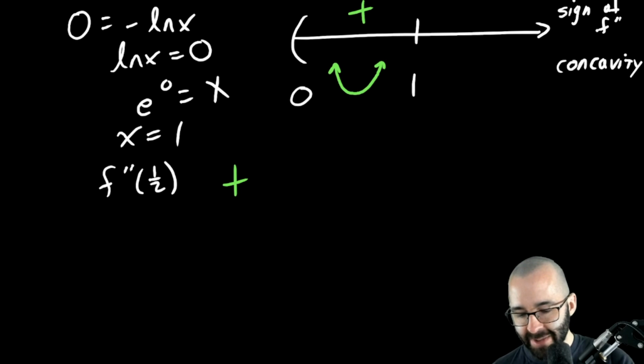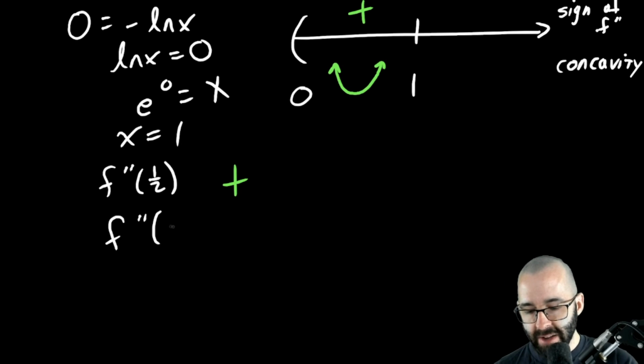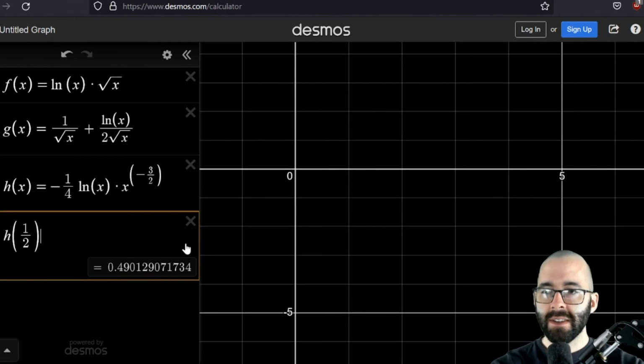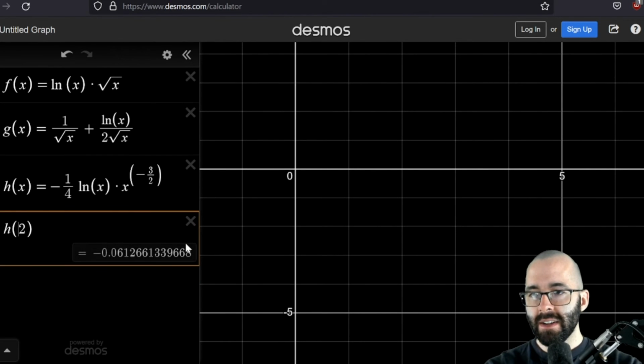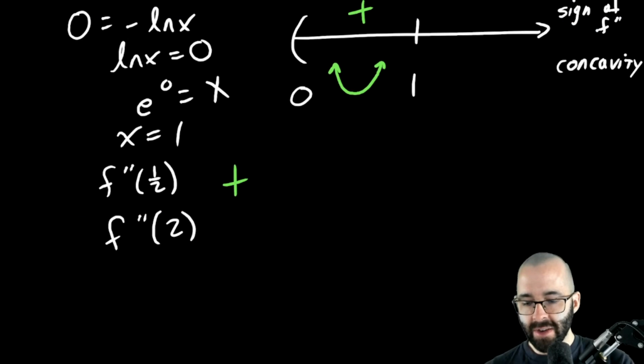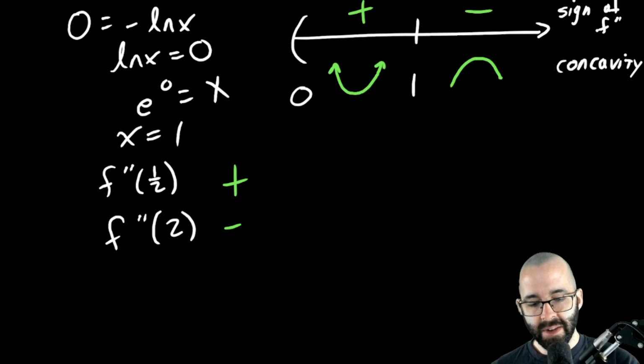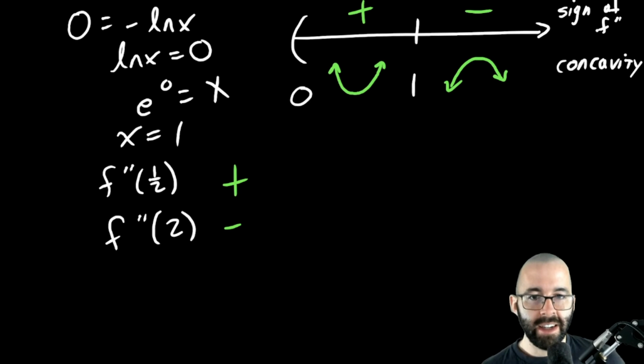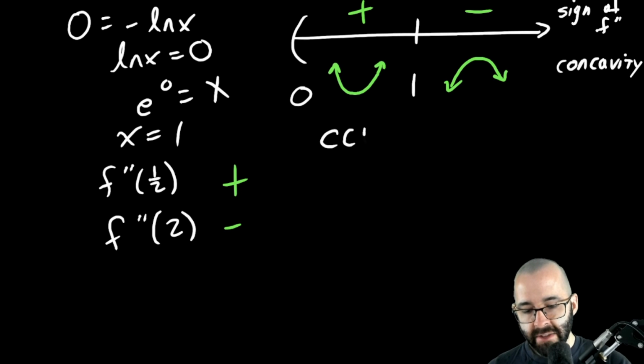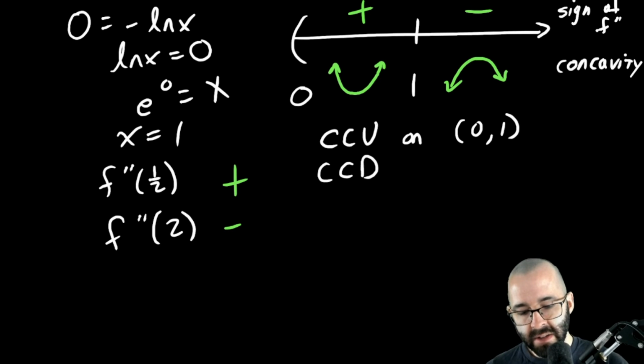And let's check something in the other interval, something bigger than 1, maybe 2. It's going to be a negative second derivative. So everything's going to be concave down here. Okay, so we can answer part C. It's going to be concave up on the interval from 0 to 1, and it's going to be concave down on the interval from 1 to infinity.